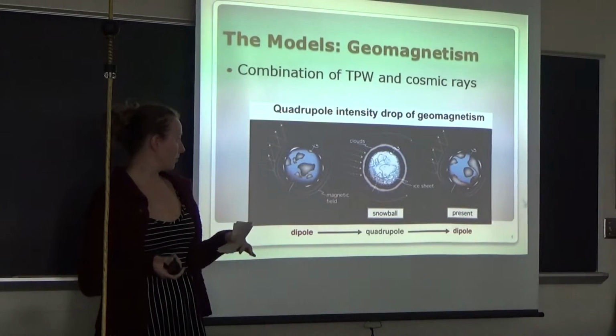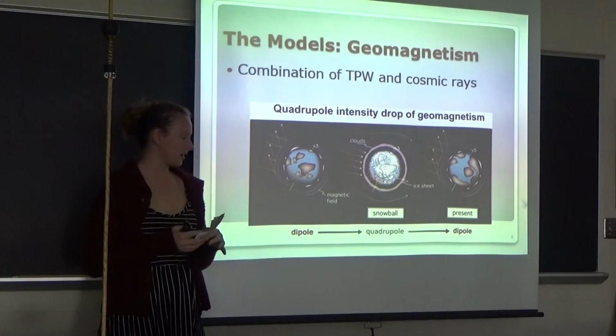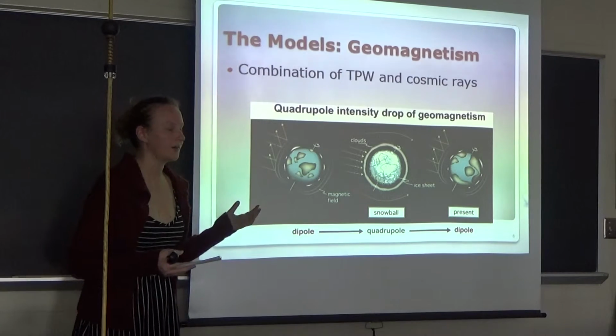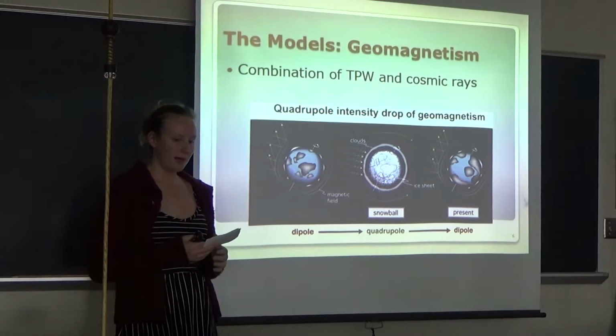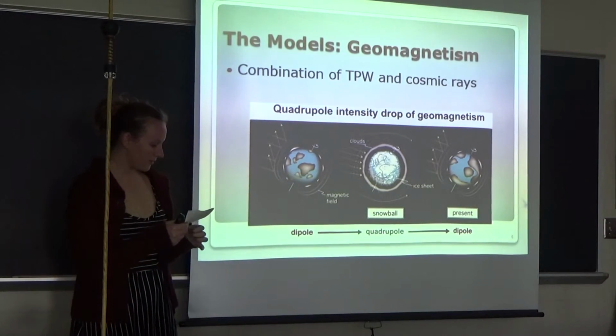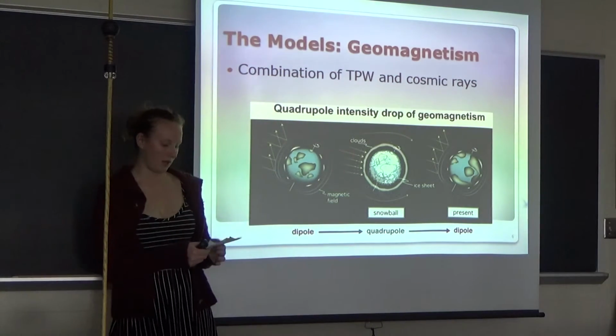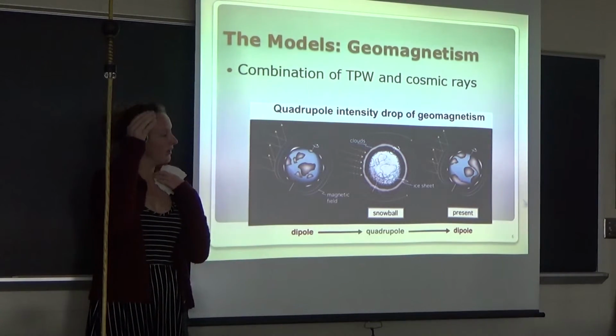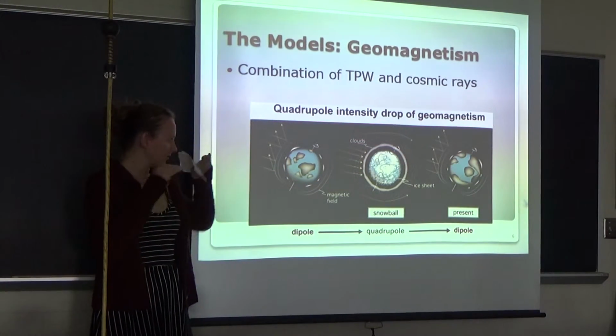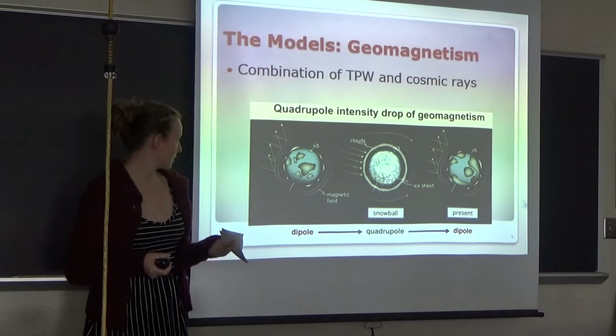And then the third model is geomagnetism, which is kind of a combination of true polar wander and cosmic rays, which is the fourth model. What you have is that normally the Earth has a dipole, and you have a north and a south pole, and the magnetic field exists the way that it does.